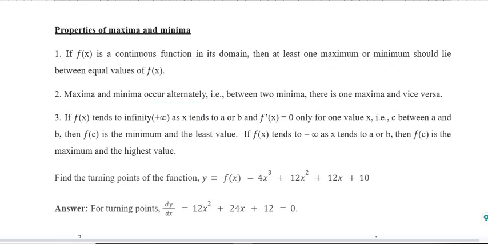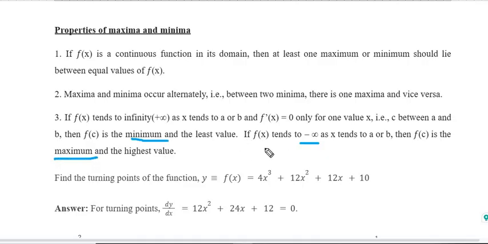Now the third case: if x tends to plus infinity, then f(x) will have at least one minima. If x tends to minus infinity, there must be a maximum value.